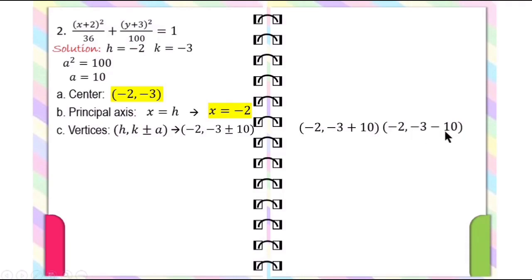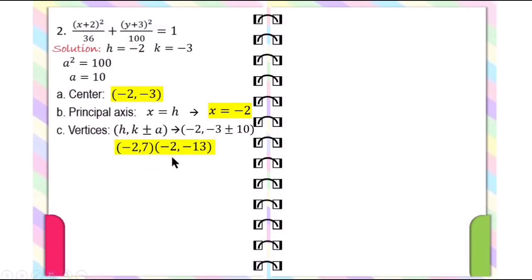Copy -2, then -3 plus 10 is 7. Here, we copy -2 and simplify -3 minus 10 is -13. So the vertices are -2, 7 and -2, -13.